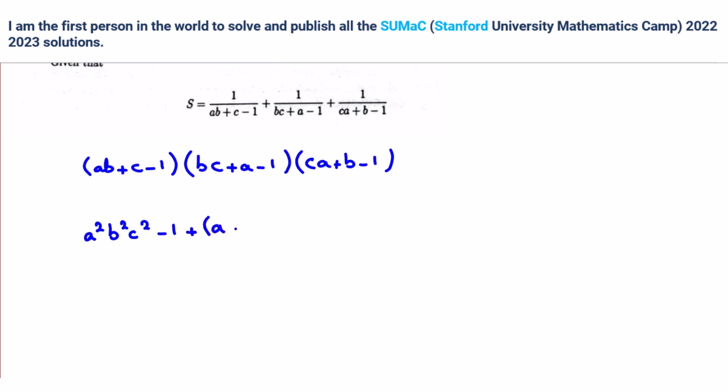So we have A plus B plus C. Agreed? Or we can say negative 1, AB, AC, BC, right? So we can do like this: two negative ones, AB plus AC plus BC, right? So these were for two negative ones, right?